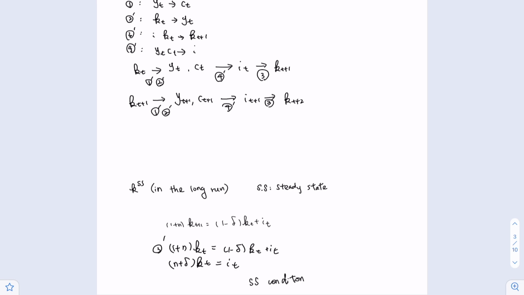So now when we want to solve for the Solow model, based on the Solow diagram and the equations, we need to plug this steady state condition in, and then we will be able to solve for the steady state of the economy. And then we will be able to know what the economy looks like in the long run.